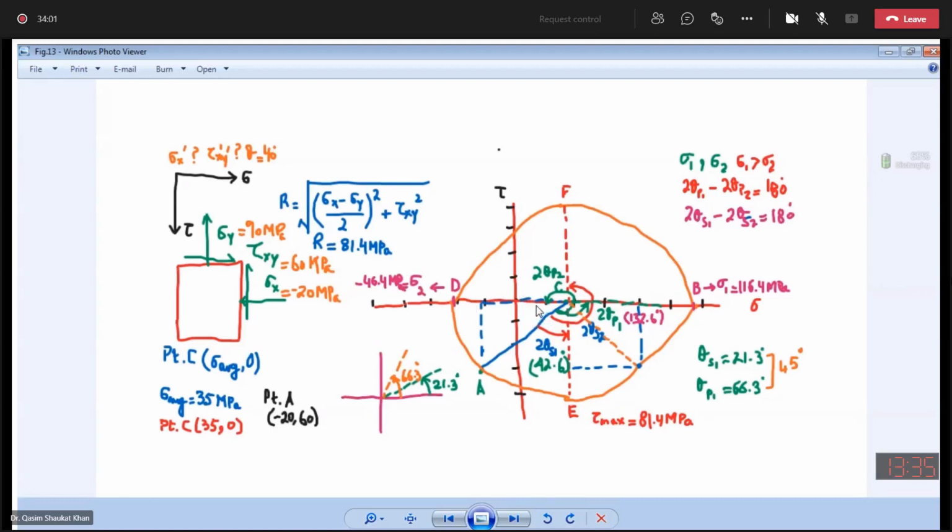So tan theta will be, this is 55, 35 and 20, 55, and this will be 60. So please calculate the value of theta, this theta.